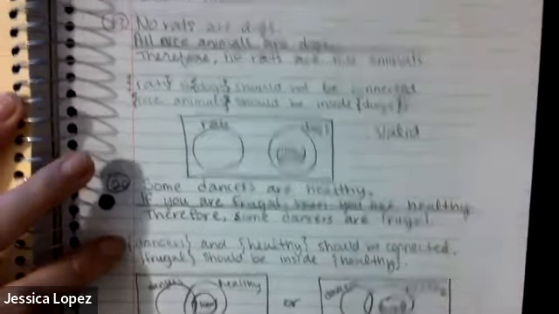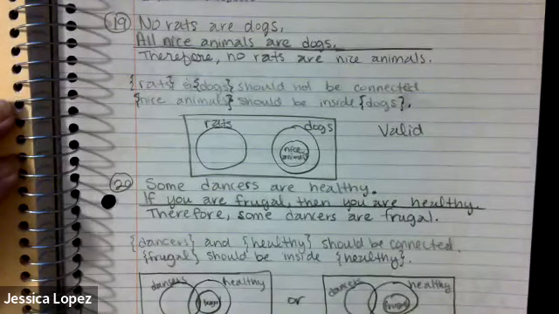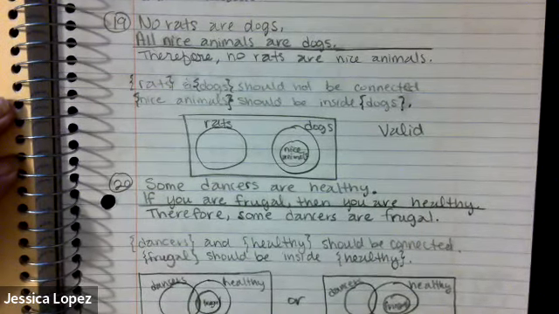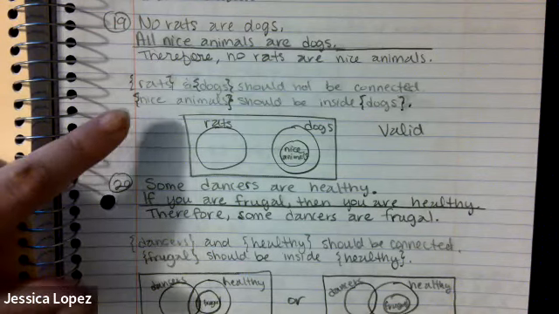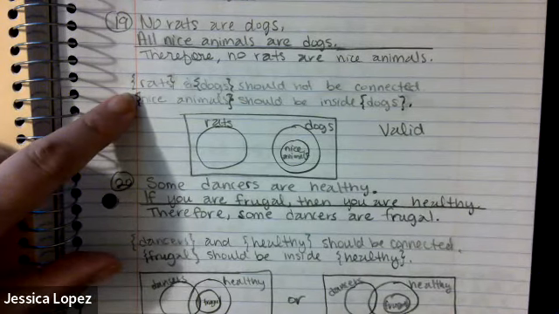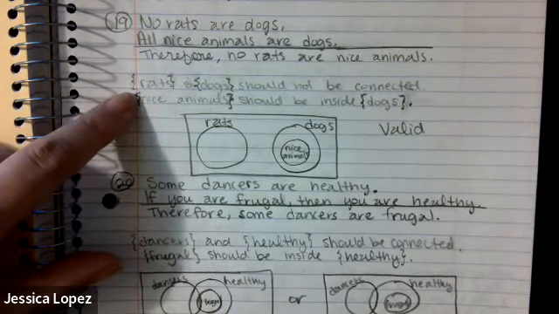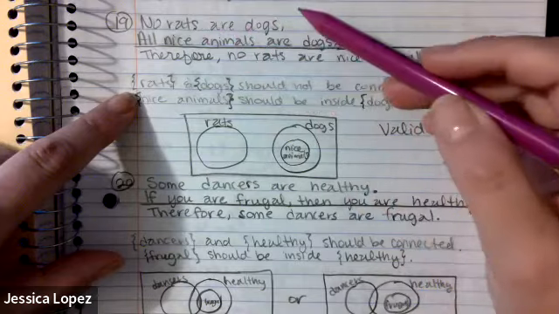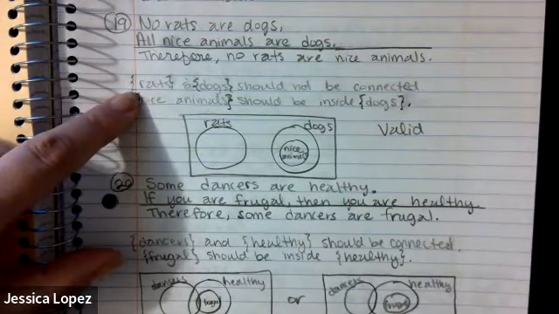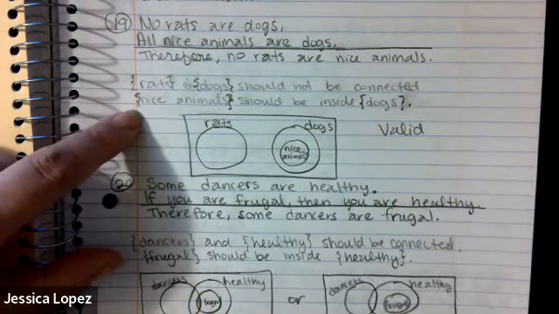So number 19 says, no rats are dogs. All nice animals are dogs. Therefore, no rats are nice animals. So rats and dogs should not be connected, okay? Because it says no rats are dogs. So immediately I know that rats and dogs should not be connected.